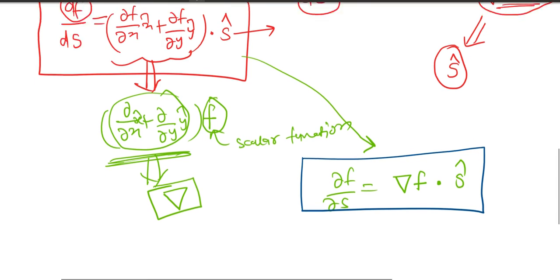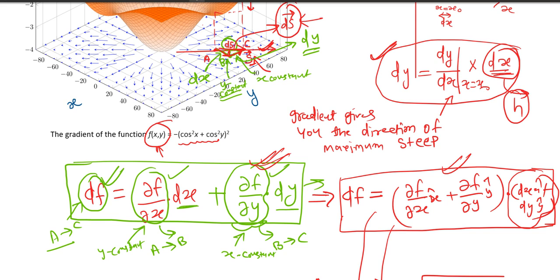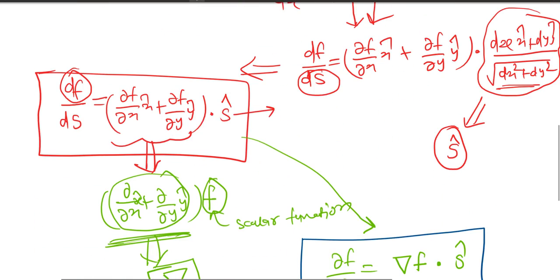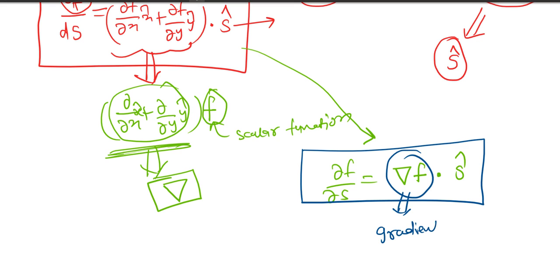So there is nothing mathematical we have done. We have just simplified this change in the f when I'm going into the direction of s. So we have calculated df by ds. Okay, now this is what we call the gradient of function f.